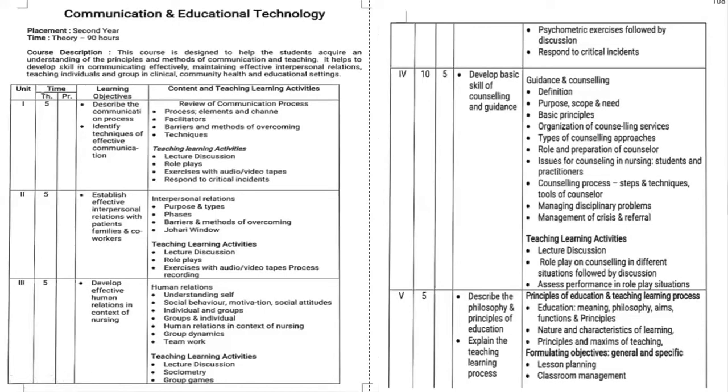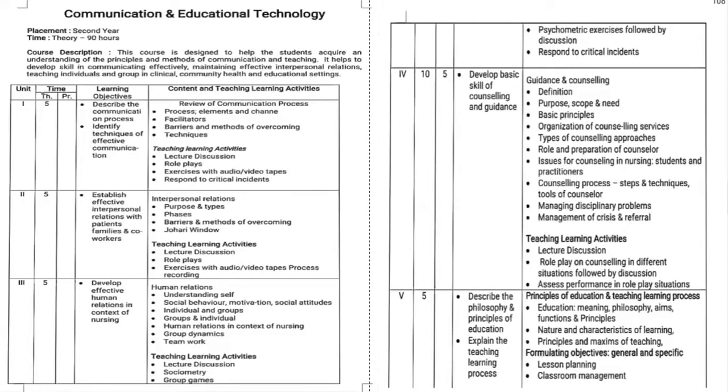This is just a review, just only the 2 marks questions. The communication process: meaning, elements, channels, facilitators and barriers, methods, techniques. These are all the review of communication process, first unit.